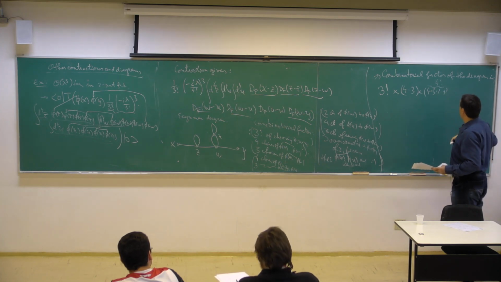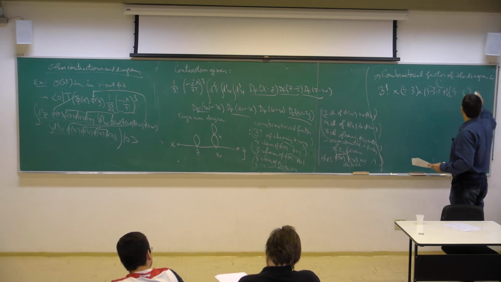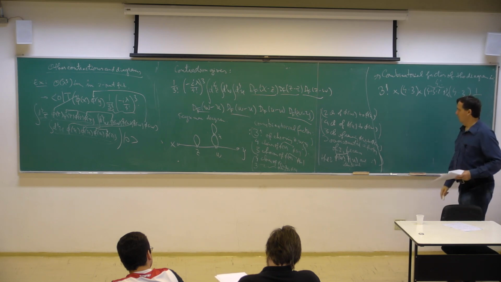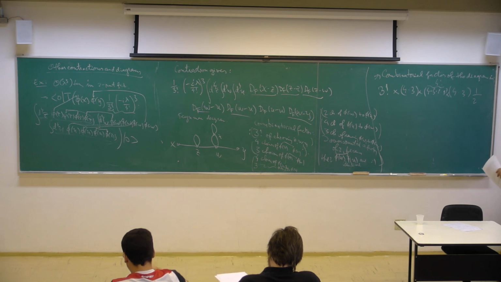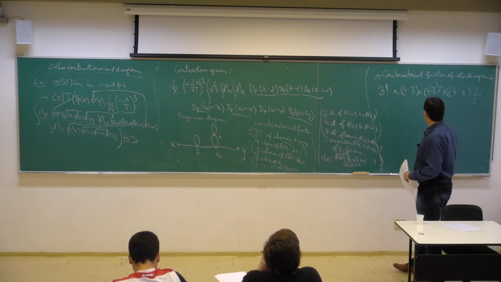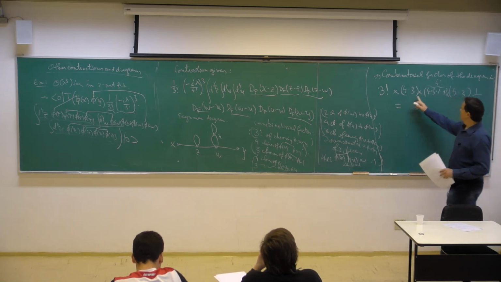Write this as 4 factorial if I want. And then the last one is 4 times 3. And then I have a 1/2 for the overcounting. Okay? Good. But you see what happens here.